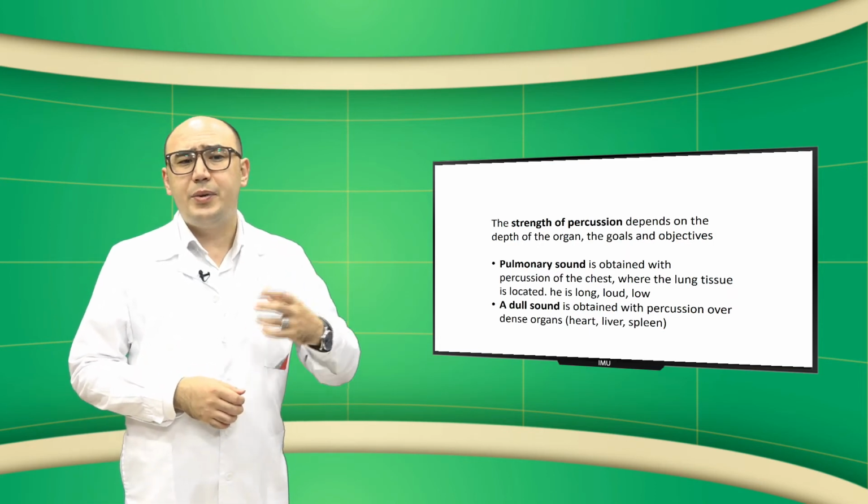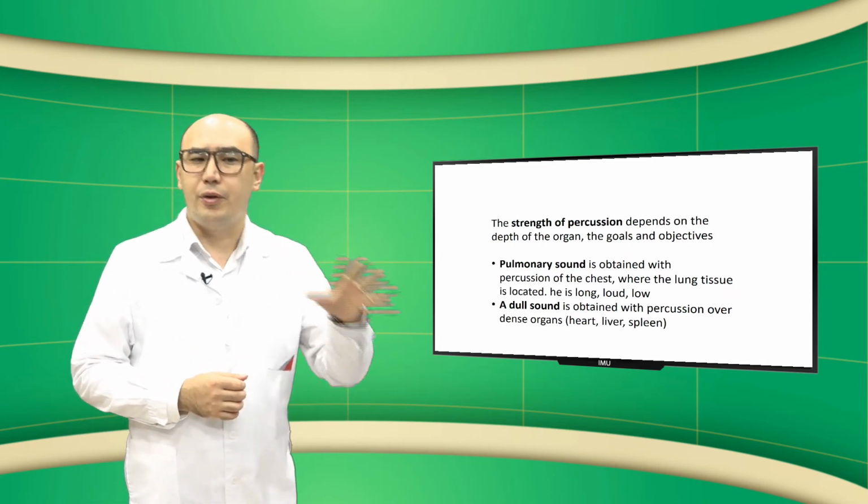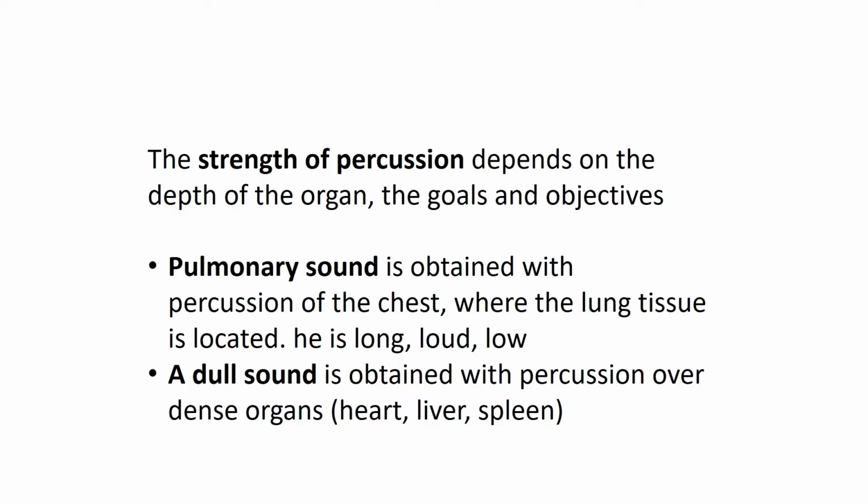The strength of the percussion depends on the depth of the organ and the goals and objectives of the percussion. The pulmonary sound is obtained with percussion of the chest, where the lung tissue is located. It is long, loud, and low. A dull sound is obtained with percussion over dense organs, like the heart, liver, and spleen.